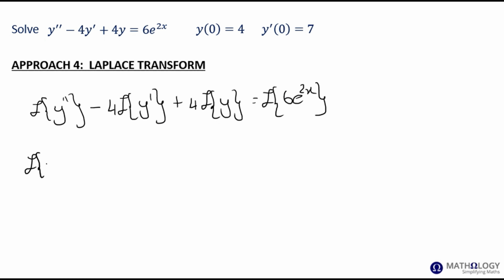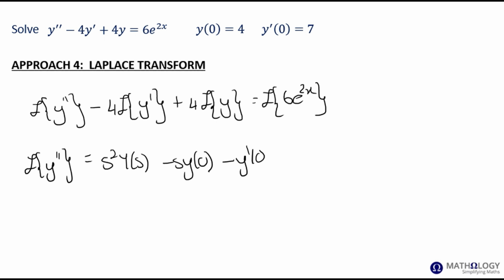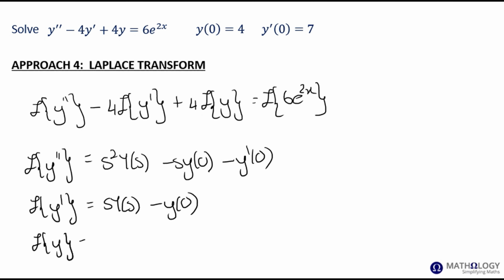The Laplace transform of y double prime is s squared y of s minus s y of 0 minus y prime of 0. The Laplace of y prime is s y of s minus y of 0, and the Laplace of y is just y of s.